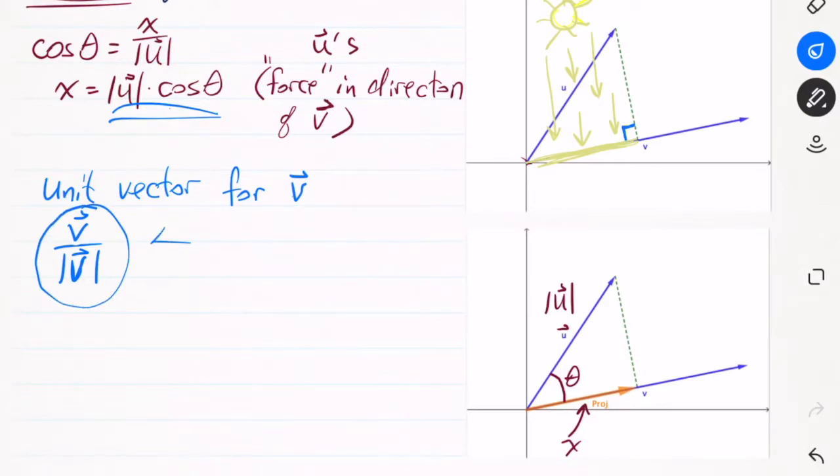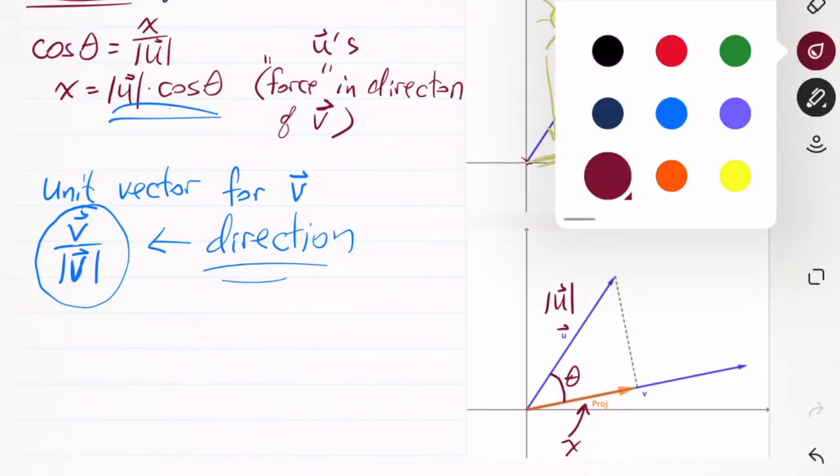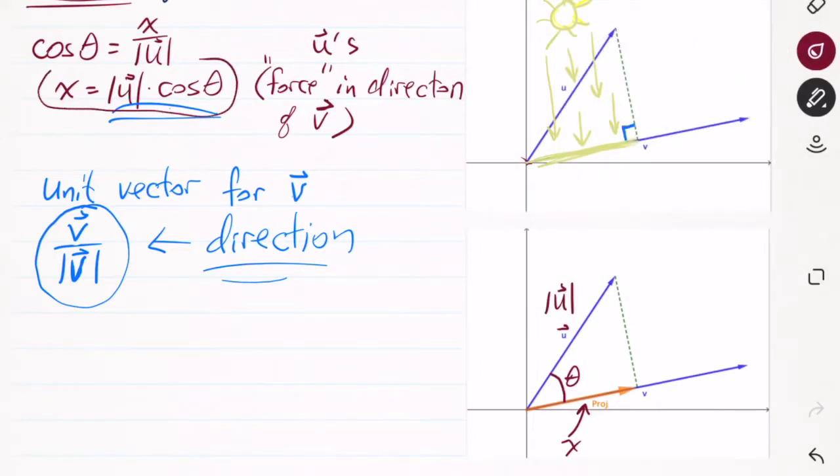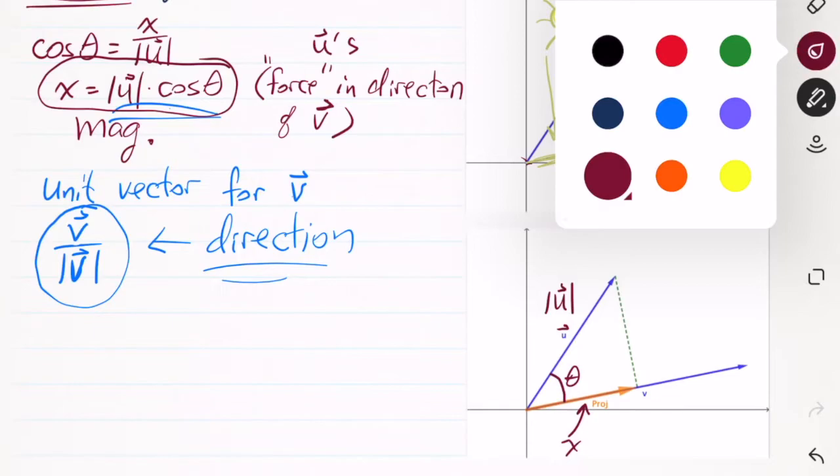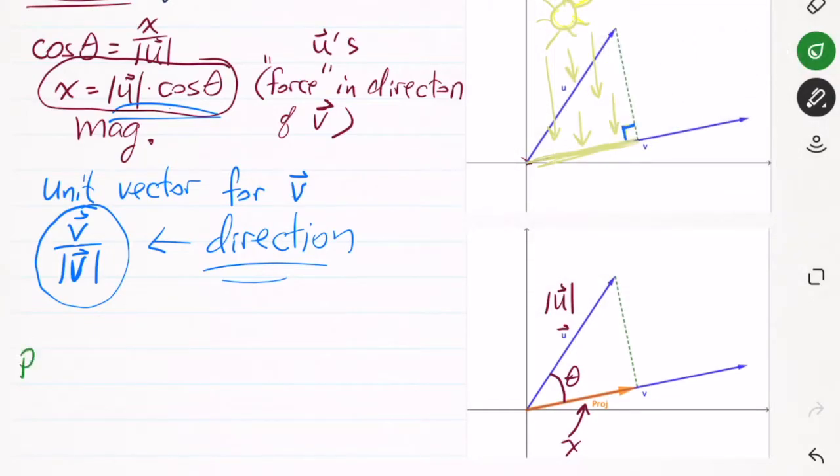So this is the direction of the vector that I want. And up here, this is my magnitude of the direction I want. So since a vector is magnitude and direction, I'm going to just multiply them together. So the vector I'm looking for, let's go green here, is the projection of u onto v.